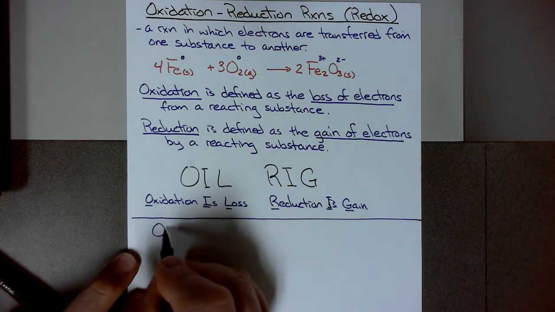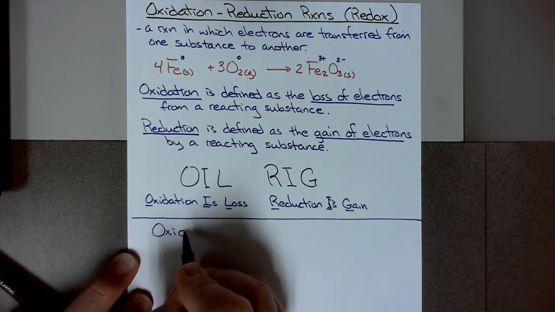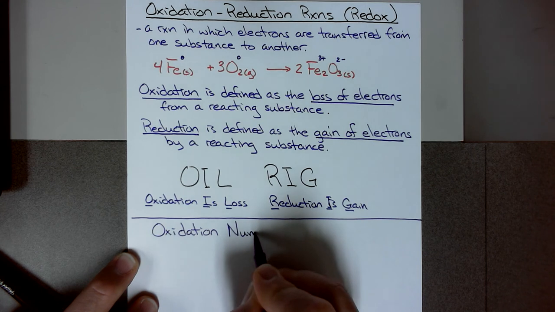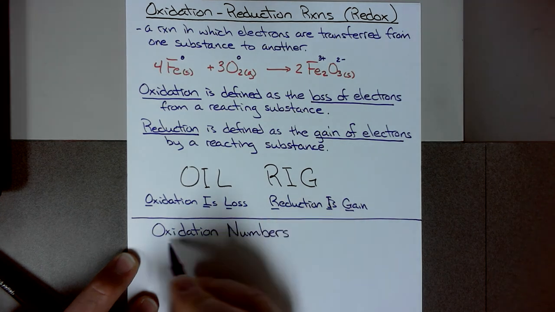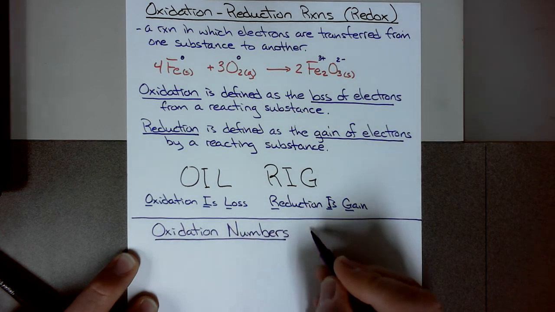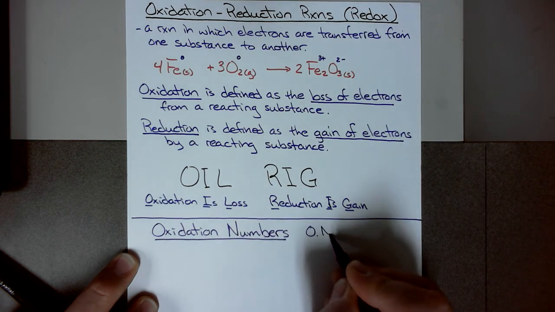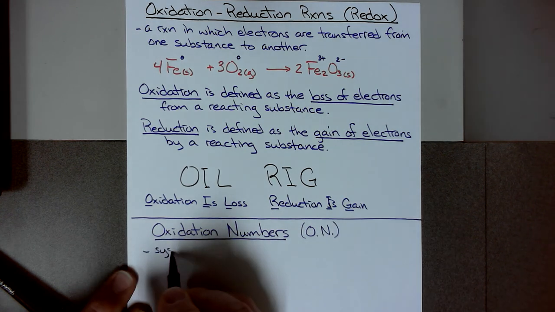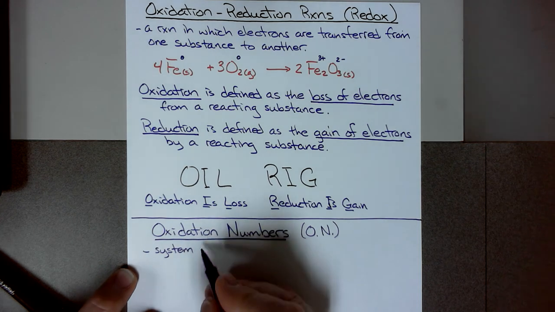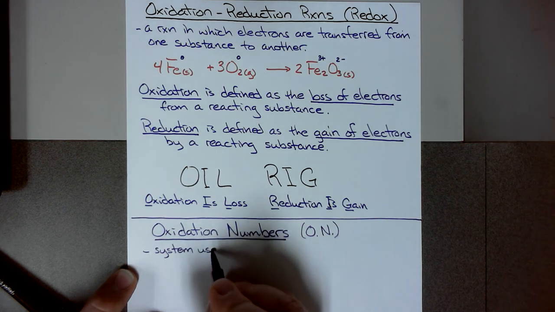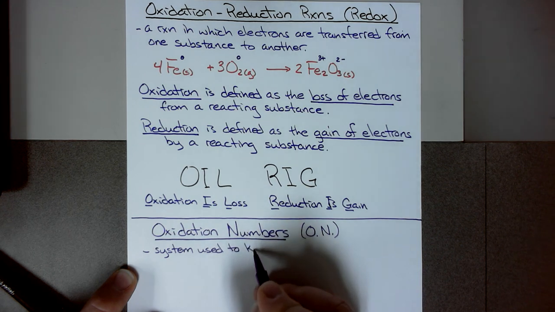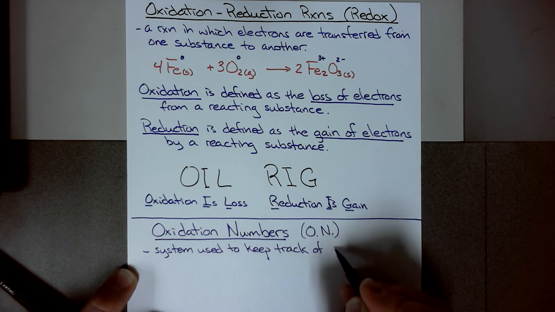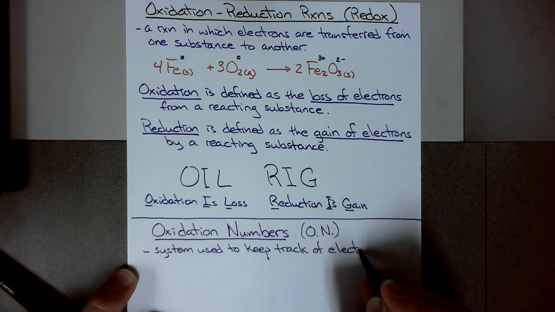So oxidation numbers. And shorthand for oxidation numbers, I'm just going to write a capital O, capital N. And again, this is a system used to keep track of electrons in a reaction.